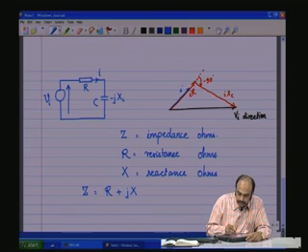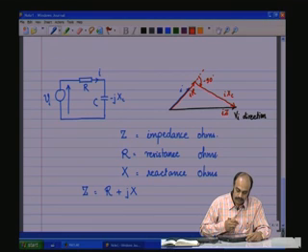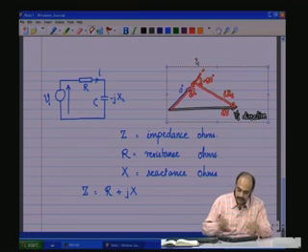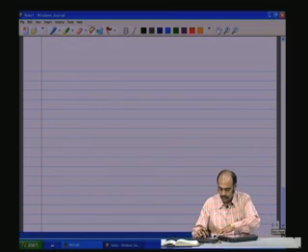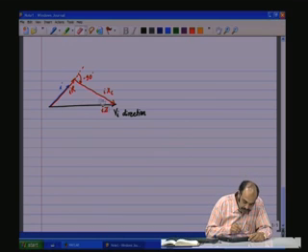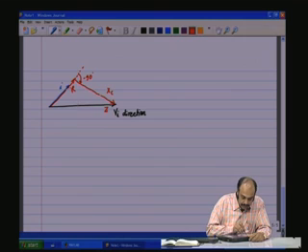This is I into R, this phasor is I XC, and this phasor which completes the Kirchhoff's voltage law is I into Z. Therefore, let me remove the I's. So, you have an R, an XC and a Z.